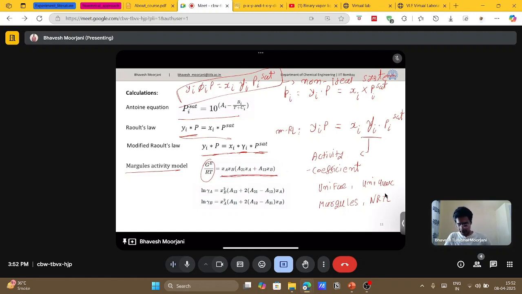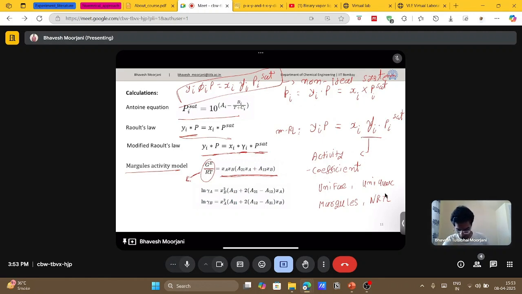So what is this excess Gibbs free energy? If we have an ideal liquid mixture of A and B, an ideal mixture assumes there won't be any volume change when two liquids are mixed, and there won't be any heat of mixing. But due to non-ideality there will be a change, there will be heat of mixing, so we will get the excess free energy, right? So this excess Gibbs free energy relates to the heat of mixing.